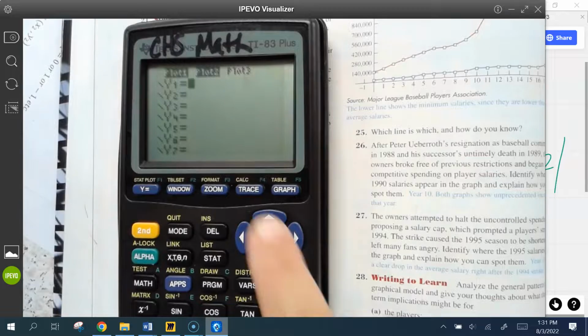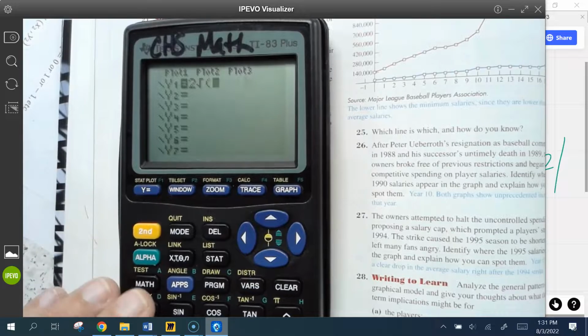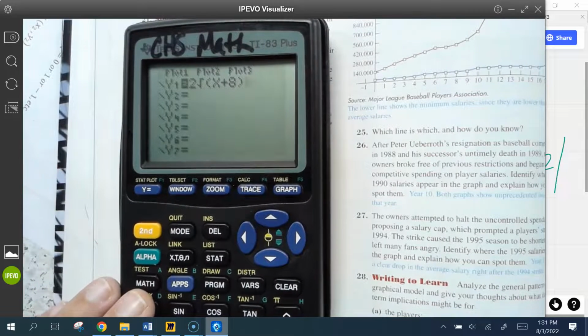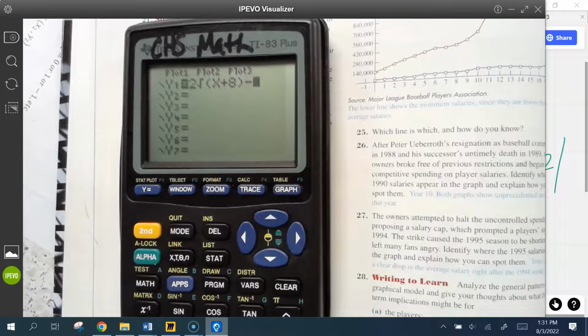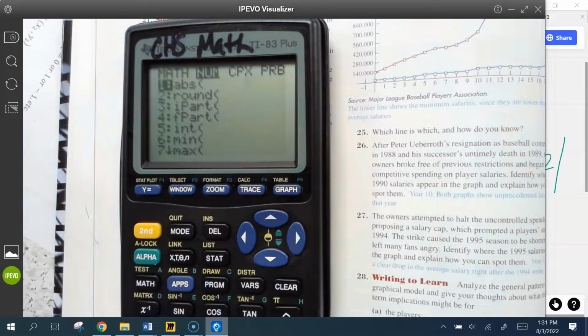Everything goes in y equals. I'm going to go ahead and cut these plots off. I don't want them to mess me up. I have 2 times the square root of x plus 8 minus, do y'all know how to put the absolute value in here? You hit that button that says math, scroll over 1 to num, and see that very first one that says ABS? That's absolute value.